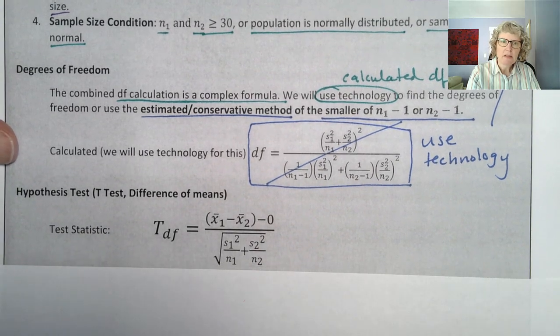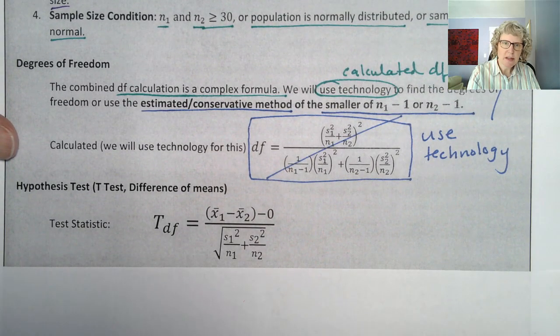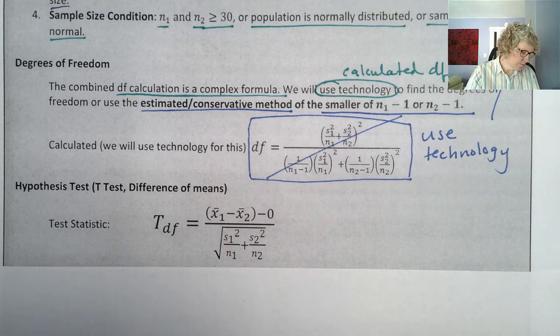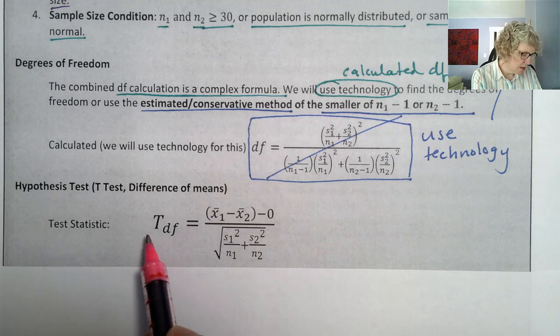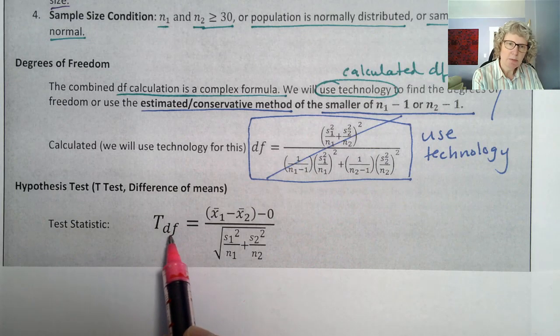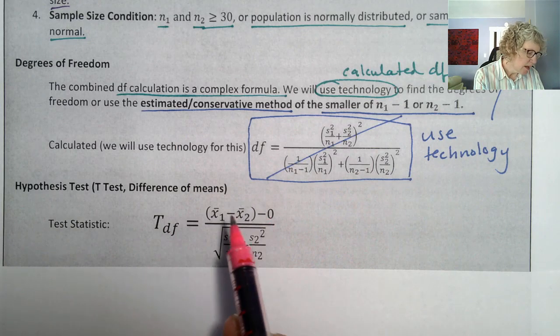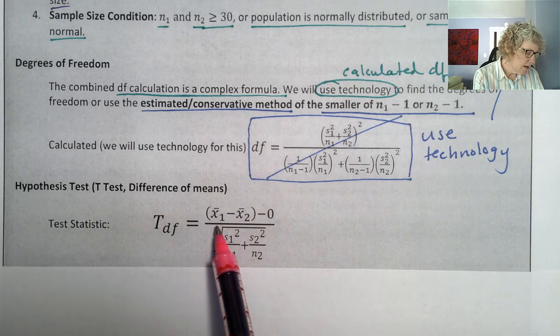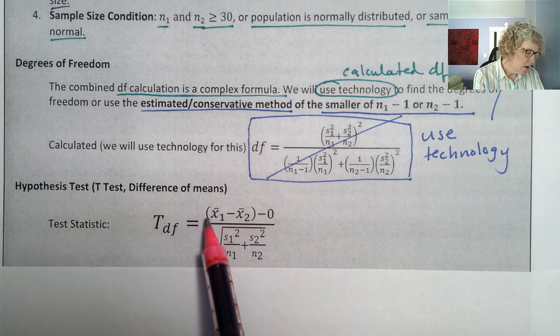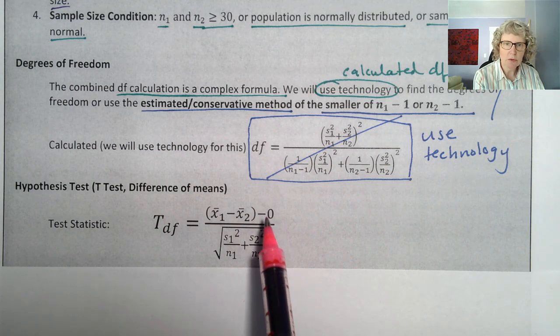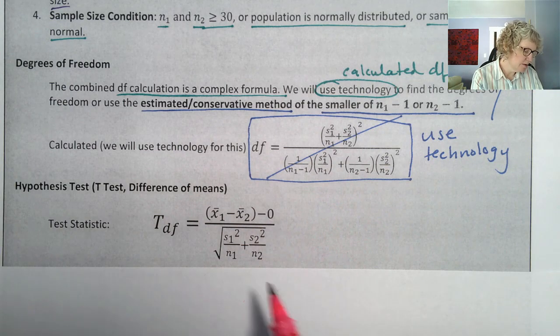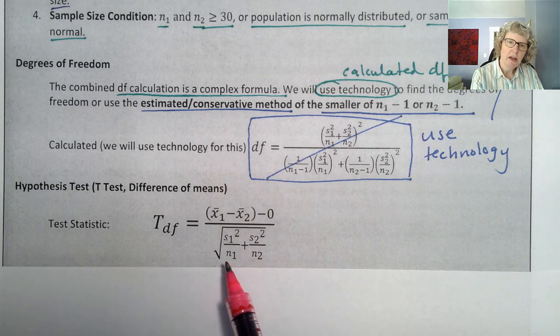Okay, so let's get into the formulas. So for a hypothesis test, we need a test statistic, which is a t statistic since we're using the t distribution. And I've got a subscript of the degrees of freedom here. And then we take our observed value minus the null, right, which will be 0 in this case since it's a difference. And then we have our standard error.